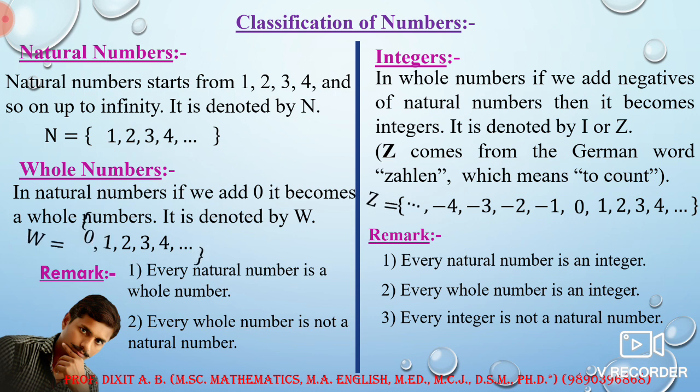Now if you observe W and Z, here again negative numbers are not included in W. So here is my fourth remark: every integer is not a whole number. Up to this, what we have seen: natural numbers 1, 2, 3, 4 and so on up to infinity, whole numbers 0, 1, 2, 3, 4 and so on up to infinity. Then integers are all wholes and negatives of natural numbers.